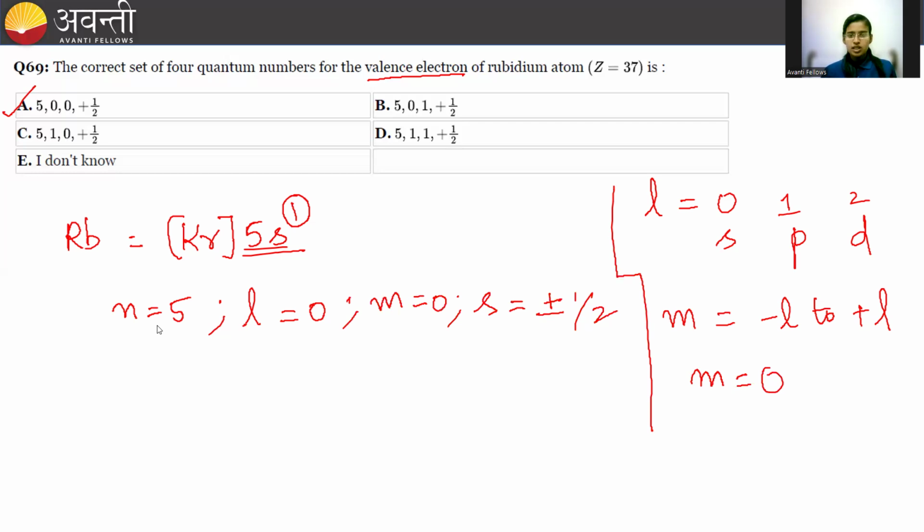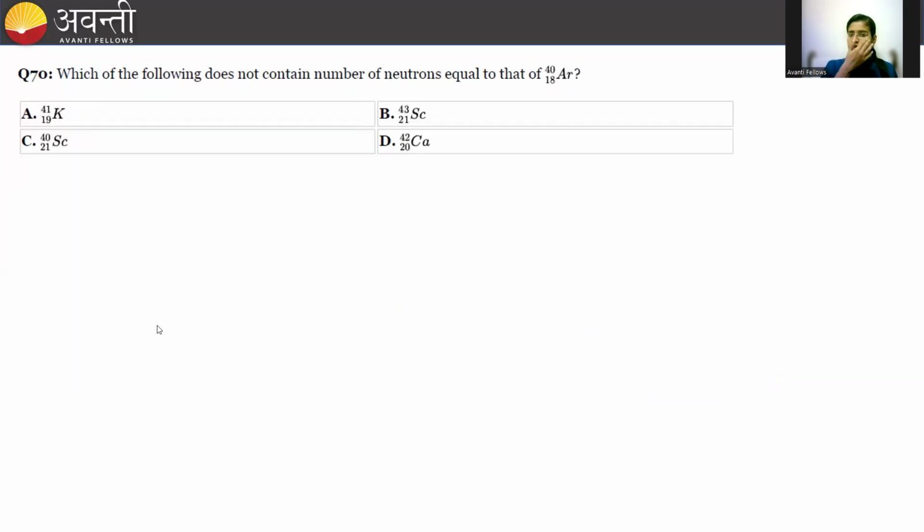Now coming to question number 70. Which of the following does not contain a number of neutrons equal to that of argon-18? So how do we find the number of neutrons? We have one formula, right?